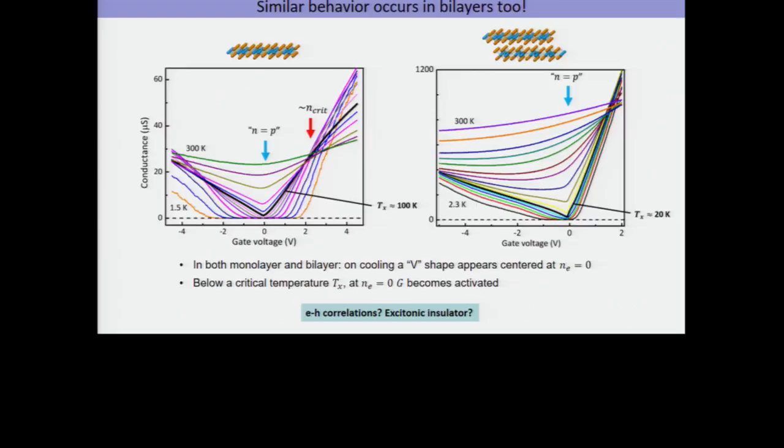What is going on here? I've no idea. But ideas that come up are, we've got small pockets of electrons and holes. Surely there are strong Coulomb interactions between these, and some kind of correlations of the electrons and holes. An old model for that, which Halperin was one of the people who introduced, is the idea of an excitonic insulator.